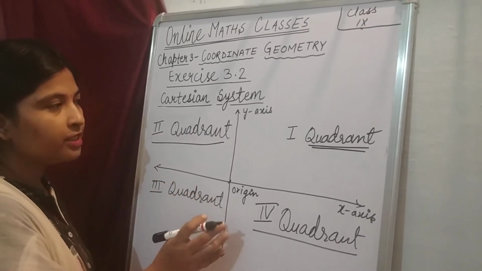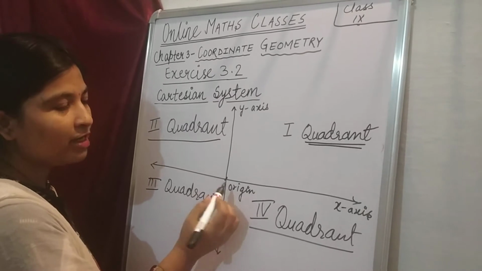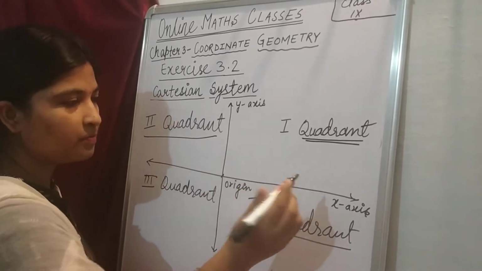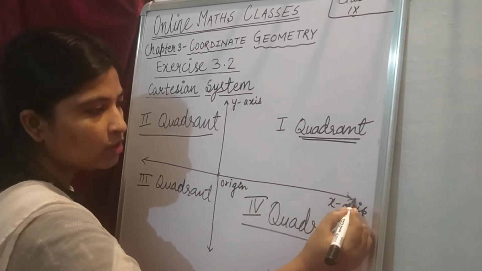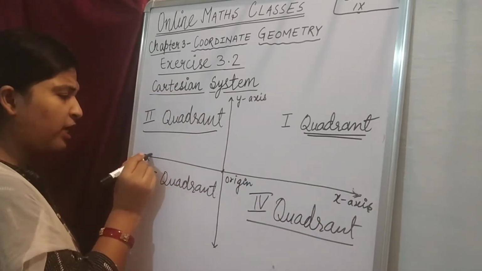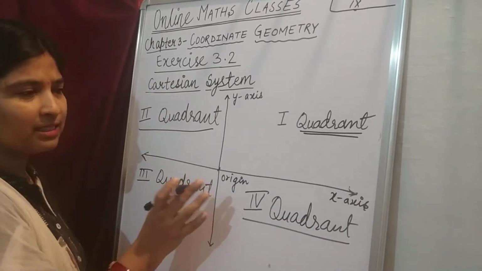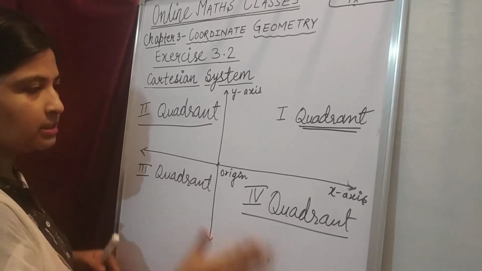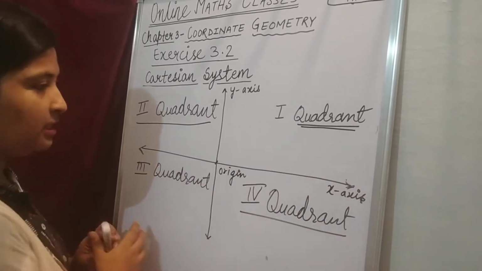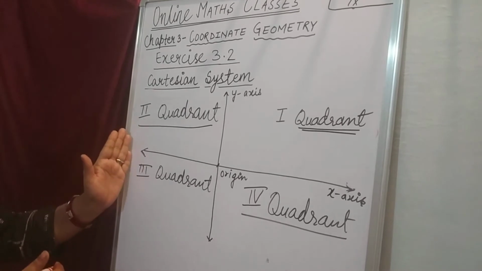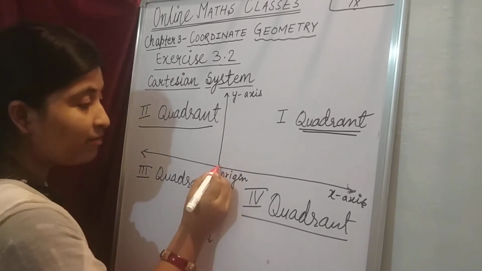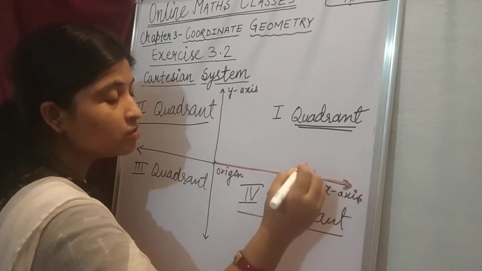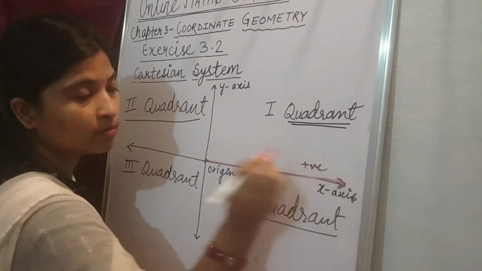Now, here you can see that I'm just talking about the x-axis. In this x-axis I'm having two parts. One part is on my right hand side and the second part is on my left hand side. Whatever I'm having on right hand side is known as positive axis.